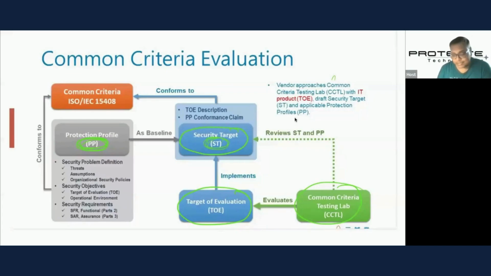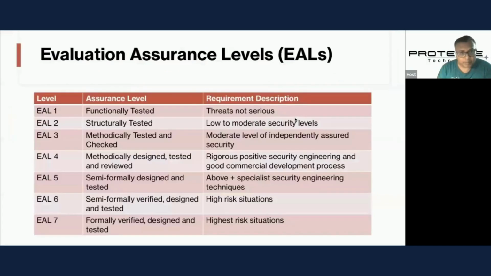Based on this testing, the lab gives you one of seven levels, EAL1 to EAL7. Spacecraft and aviation-related systems are tested for EAL7. Critical software systems are tested for EAL4. What does it mean?